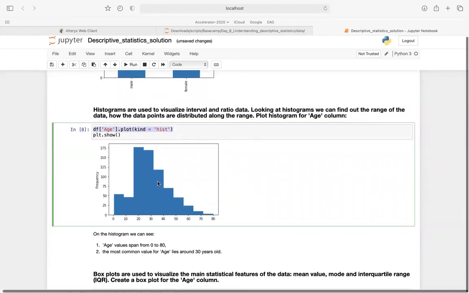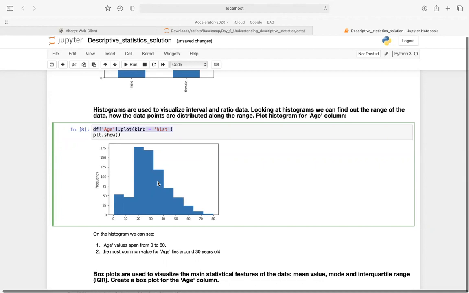Now let's talk about box plots. Has anybody heard what a box plot is before? Okay, Prathamesh has heard. Anybody else? Why do we use it? Okay, no worries.